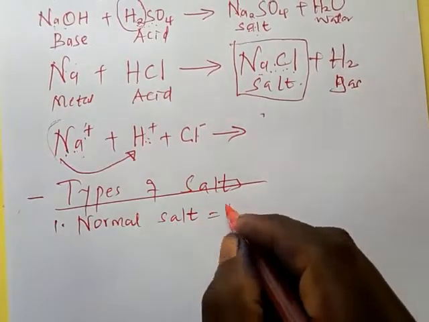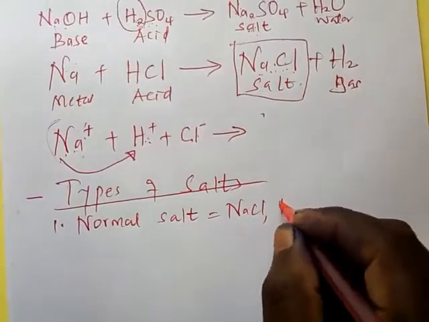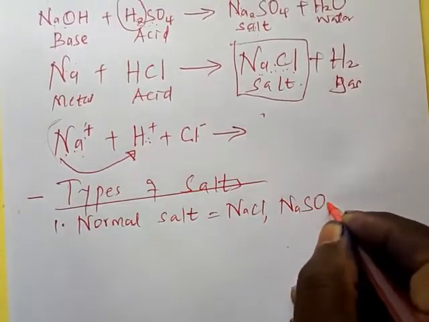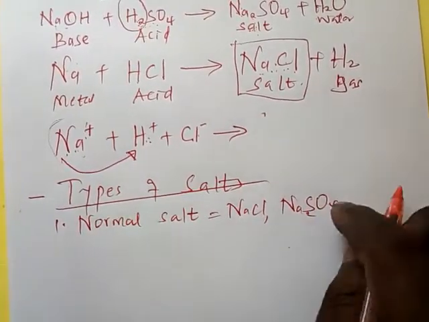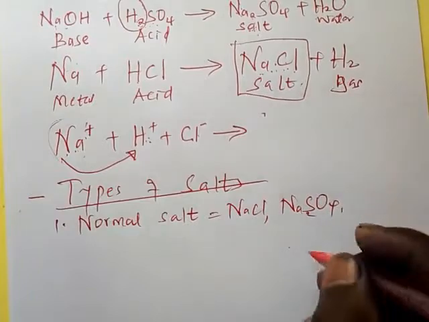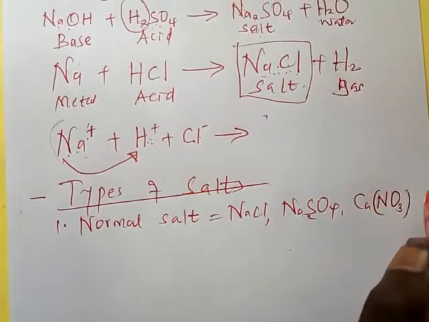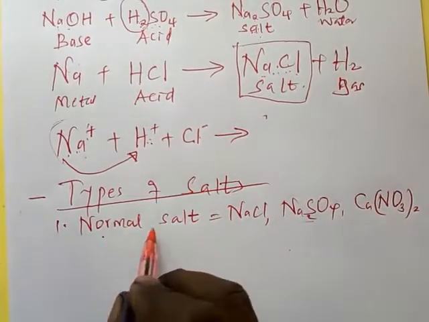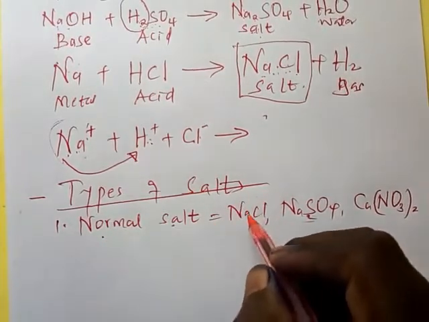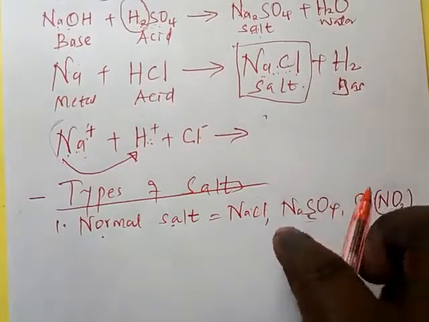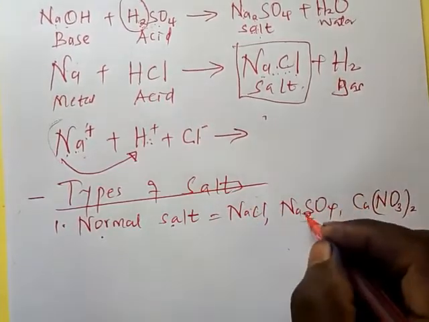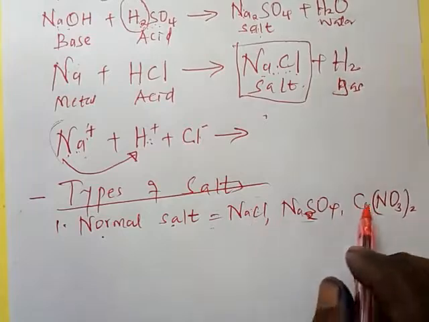Salts such as sodium chloride, sodium sulfate, calcium nitrate, all of these are called normal salts because they do not contain replaceable hydrogen in them.